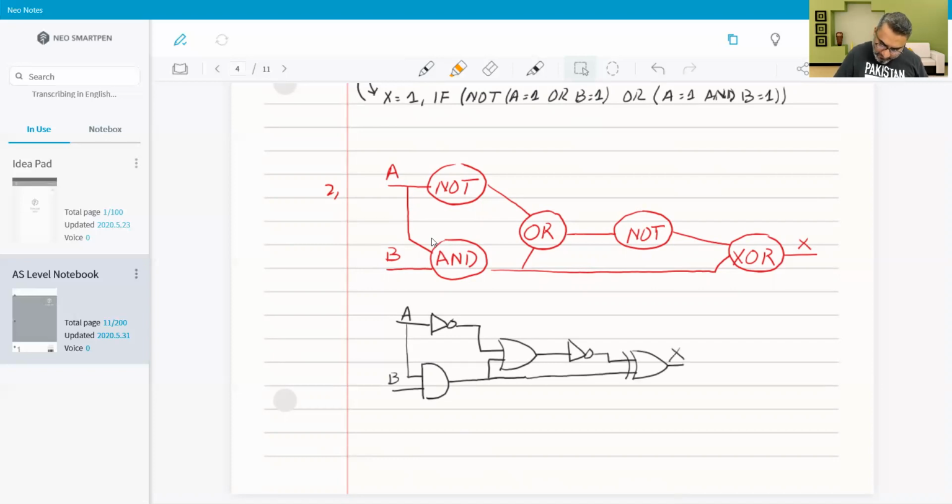And we have X. So the equation would become X is equal to A naught plus AB whole naught exclusive OR AB.